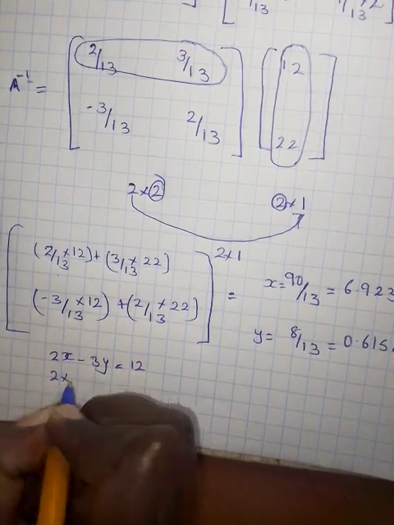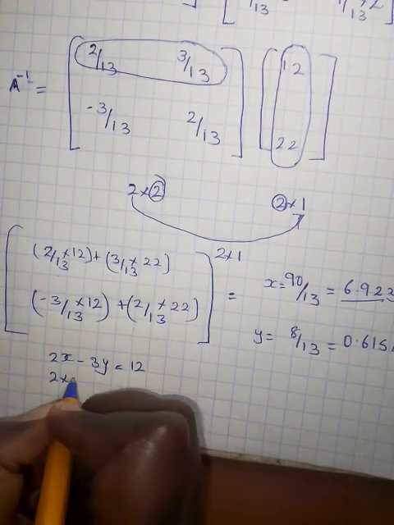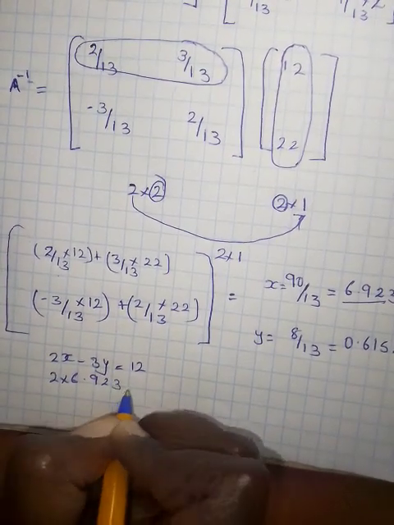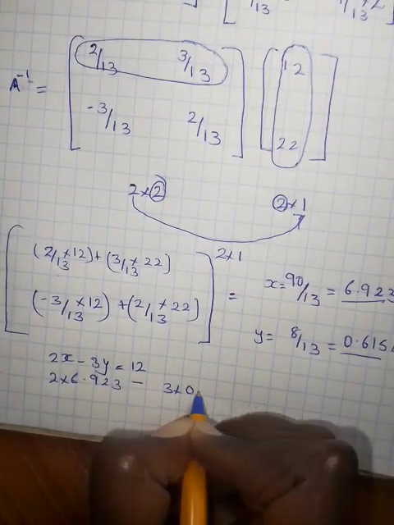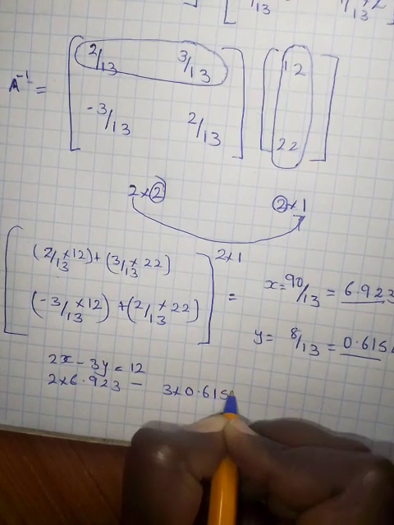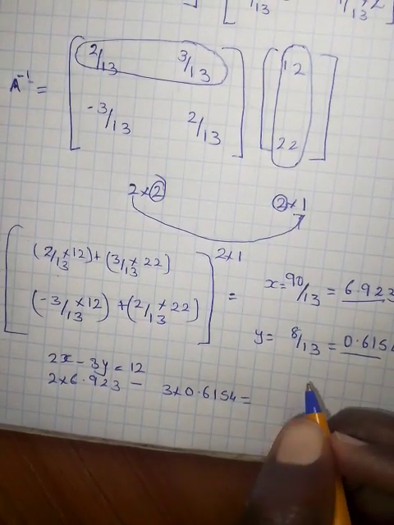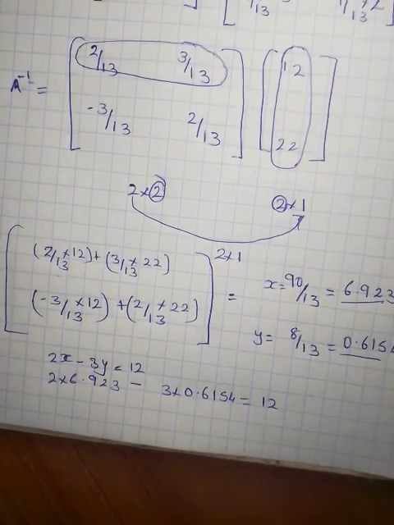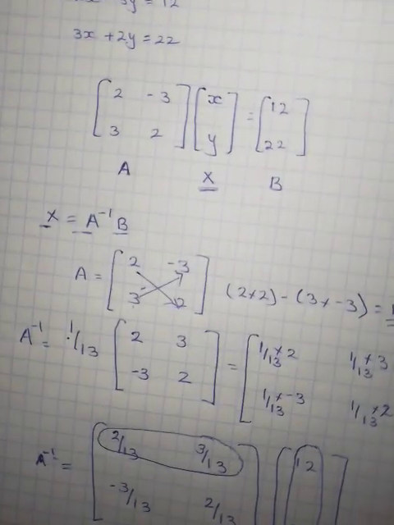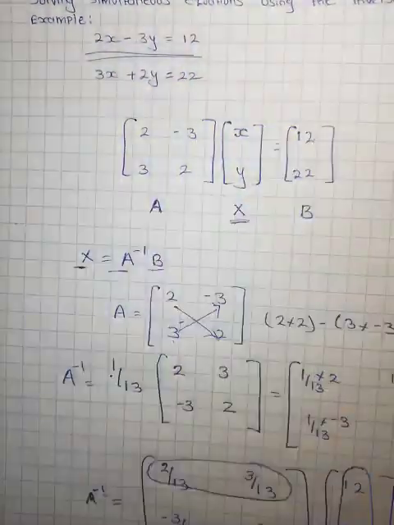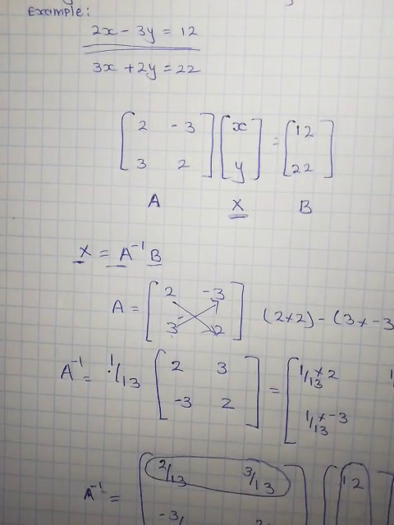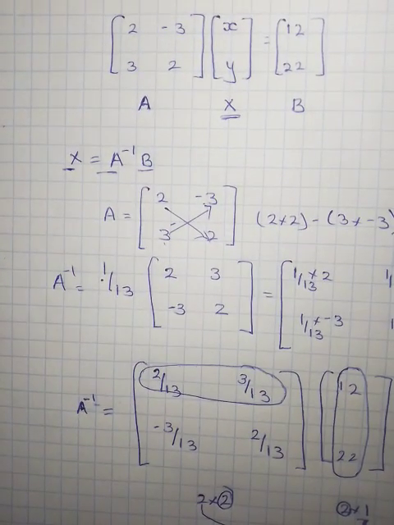This will be 2 times the value of x, which is 6.923, minus 3 times the value of y, which is 0.6154, which will give us 12, which proves the first equation. And that is how you solve for x and y using the inverse method.